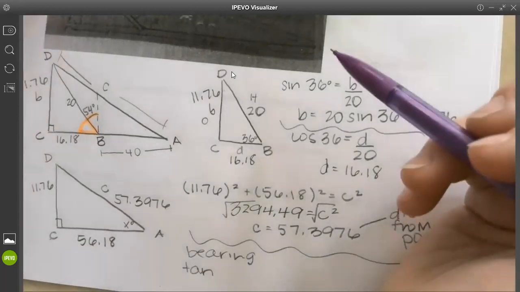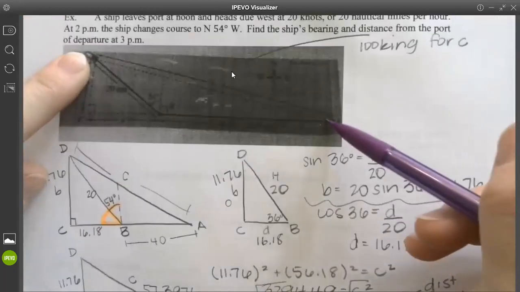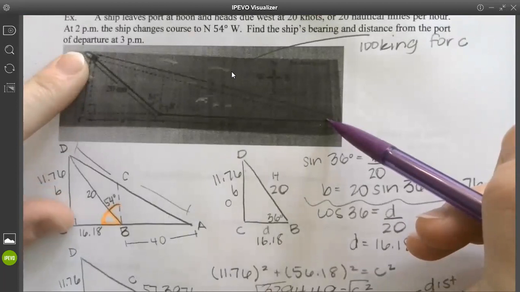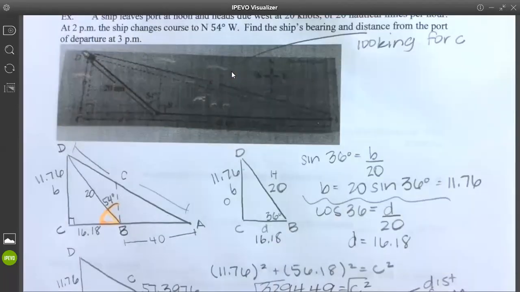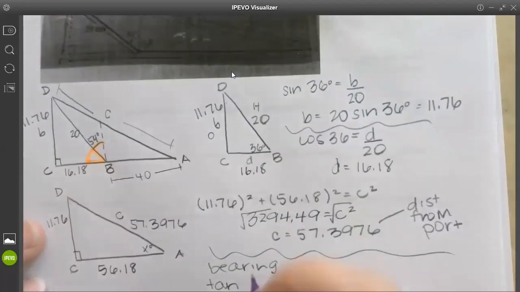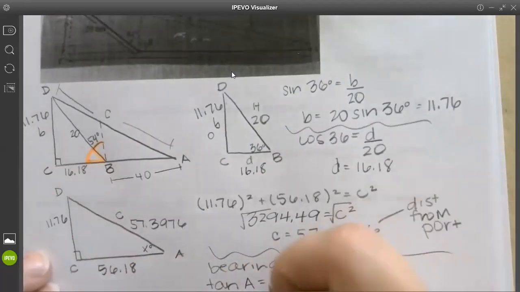That's the degree that they're looking for, the ship's bearing and distance from the port. So here was the port. How far did they travel? All right, so tan A equals, what's your opposite? And your adjacent?